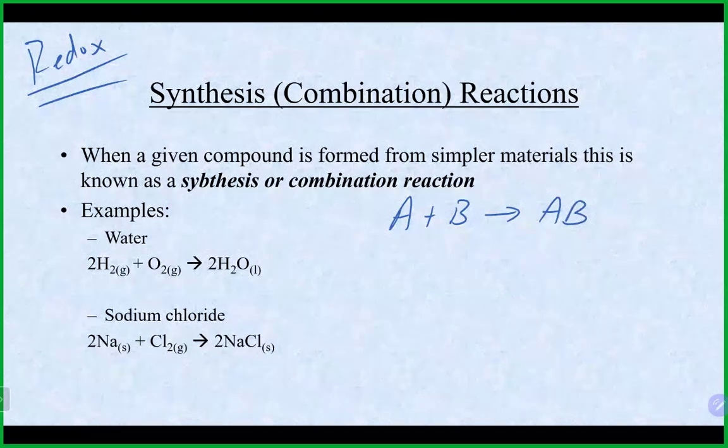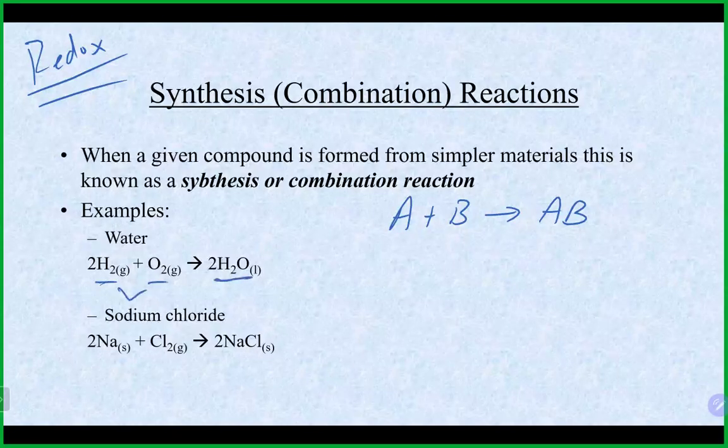That's how you recognize it as a synthesis or combination reaction. So here we have water: H2 and oxygen, two things make one thing, water. Synthesis or combination reaction. Sodium and chlorine coming together, two things make one thing, a synthesis or combination reaction.